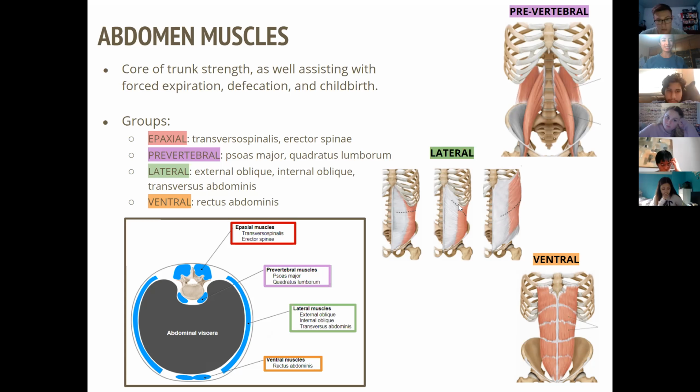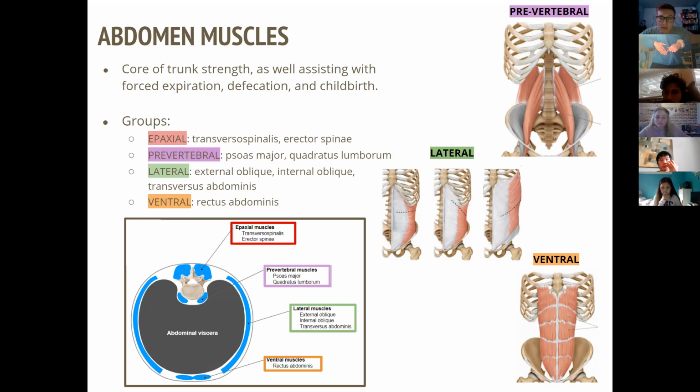For the internal obliques, they're a little funky and they face a weird way. I don't like to remember the internal obliques because they're hard for me to remember. But a way you can remember the direction of the external obliques, and therefore the internal, is if you put your hands in your imaginary coat pocket.